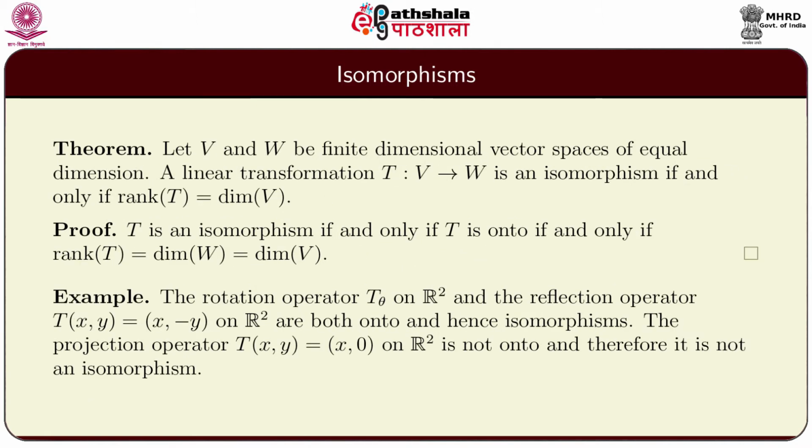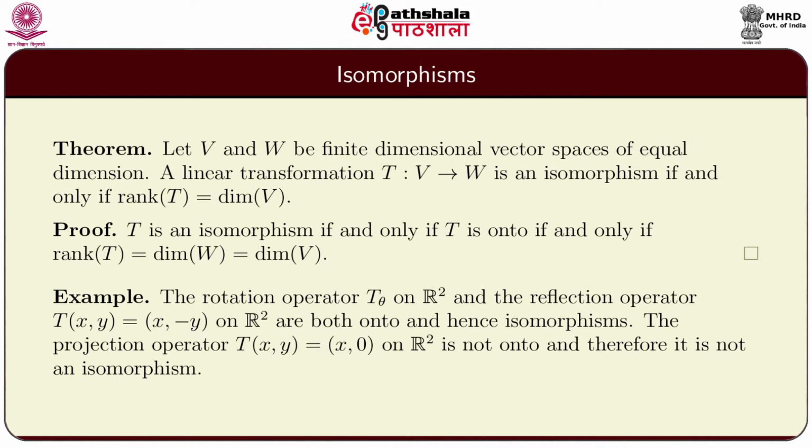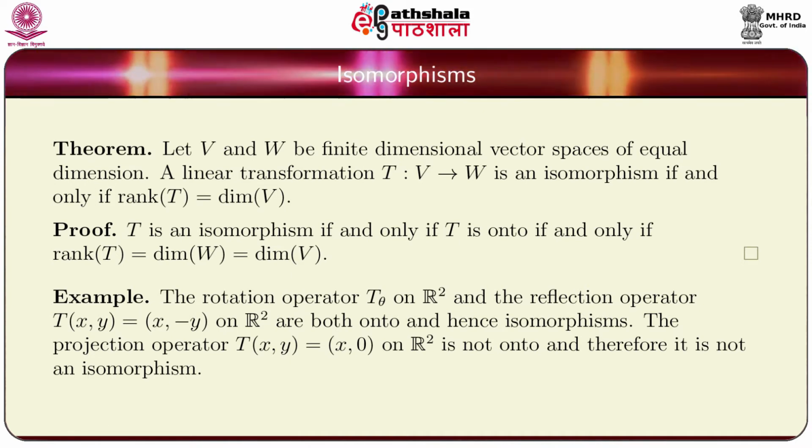Another theorem says that if V and W are finite dimensional vector spaces of equal dimension, a linear transformation T from V to W is an isomorphism if and only if rank of T is equal to dimension of V. This is true because T is an isomorphism if and only if T is onto, if and only if rank of T is equal to dimension of V. Well, we have already seen that if V and W are finite dimensional vector spaces of equal dimension, then T from V to W is 1 to 1 if and only if T is onto.